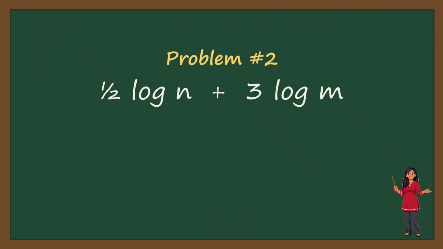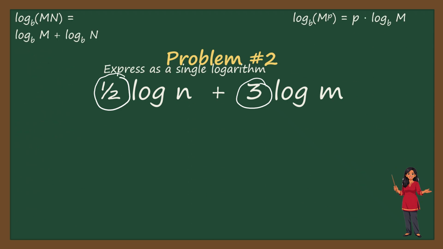Now, let's look at problem number 2. We have 1/2 log n plus 3 log m. Well, we have coefficient 1/2, we have coefficient 3. And so to express this as a single logarithm, we have to take 2 steps.